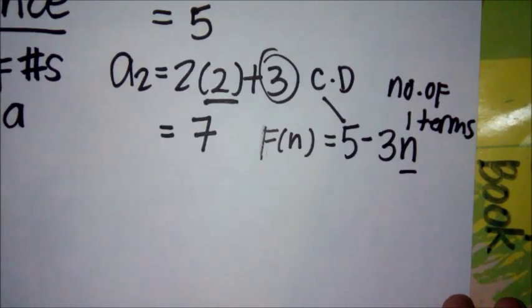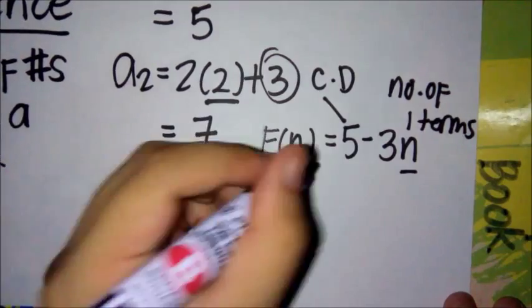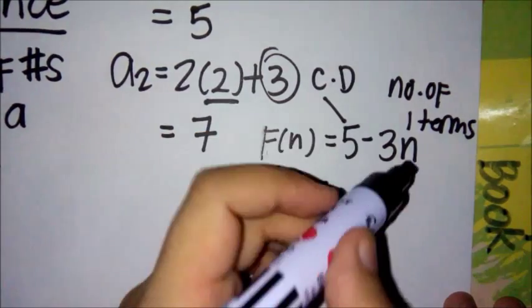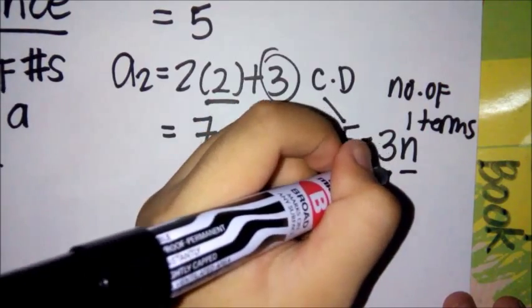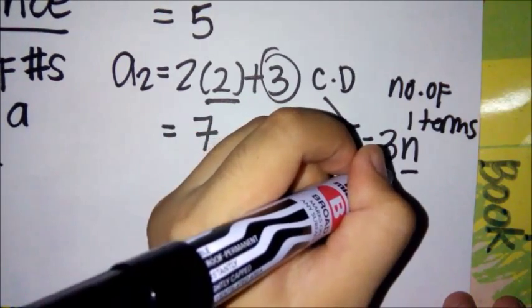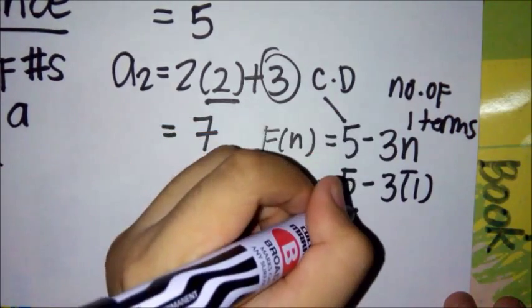So, to find f of 1, let's just substitute 1 to n. For example, f of 1 is 5 minus 3 times 1, which is equal to 2.